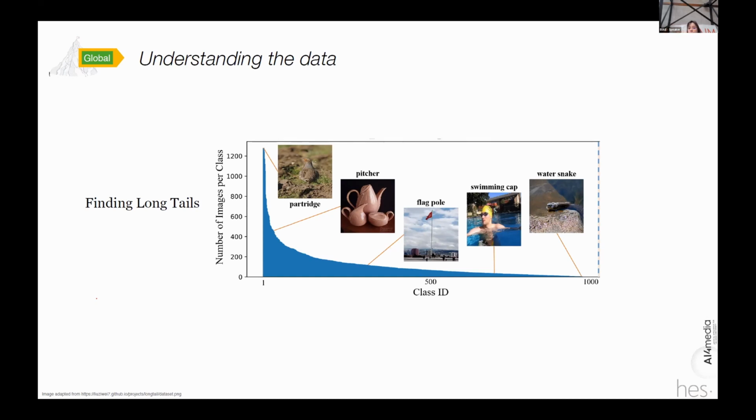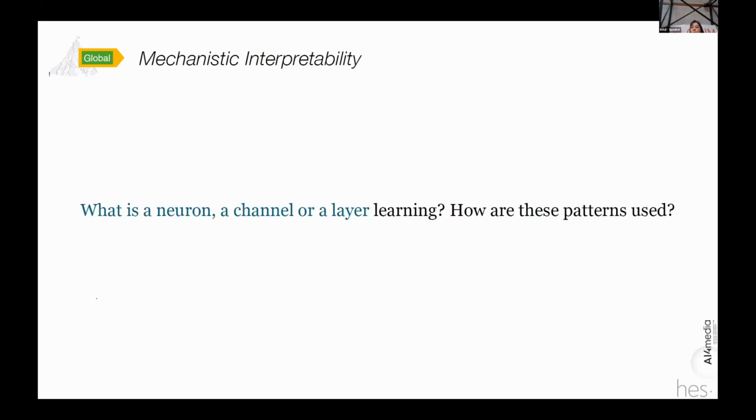So I think it's a global exploration of your data, and an important starting point for interpretability. Now, the second thing is mechanistic interpretability, and this has maybe an even longer history.